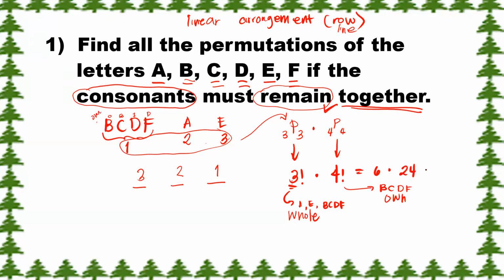So 6 times 24 is, what is 6 times 24? 144. 144, correct.